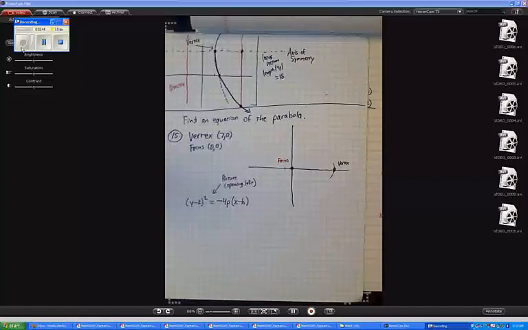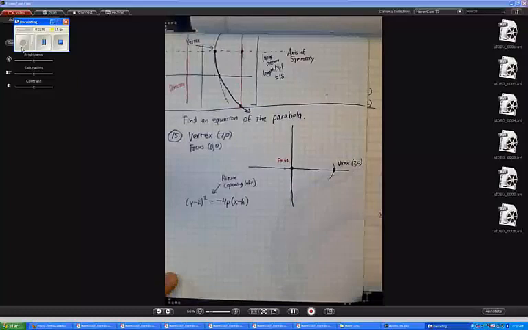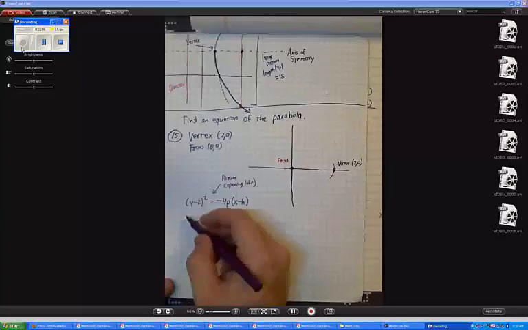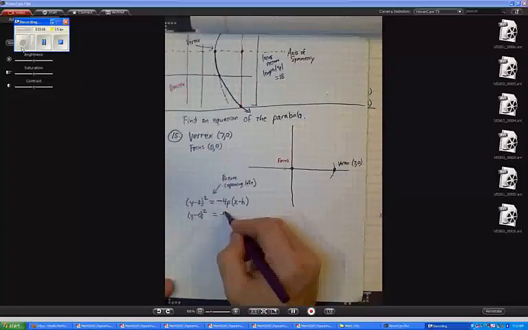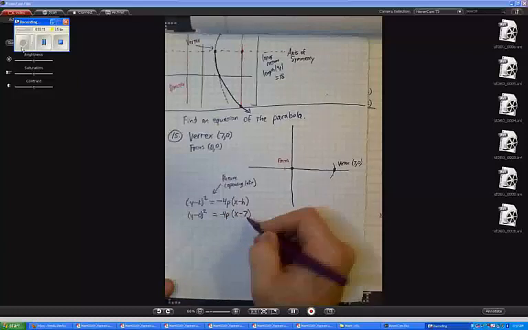Okay, so let's see what we could fill in now. Well, we could fill in the vertex, right? Since the vertex is 7, 0, instead of writing y minus k squared, what could we write? Sure, y minus 0 squared is equal to whatever negative 4p is times x minus 7. Is this okay?